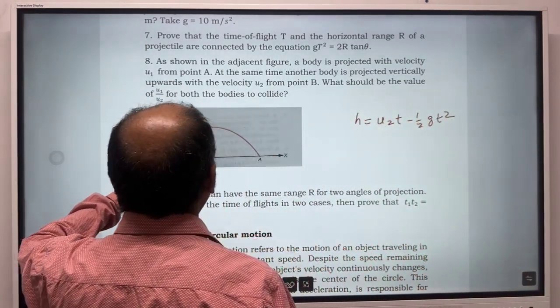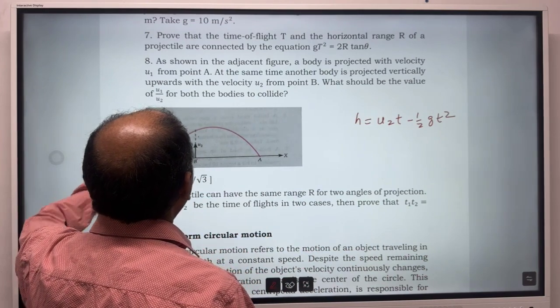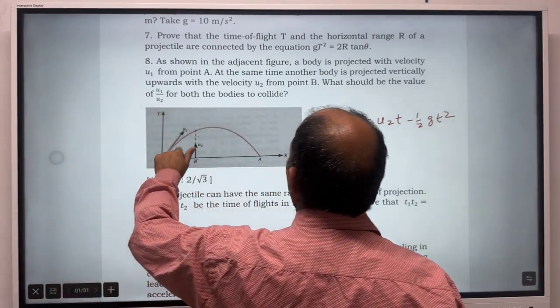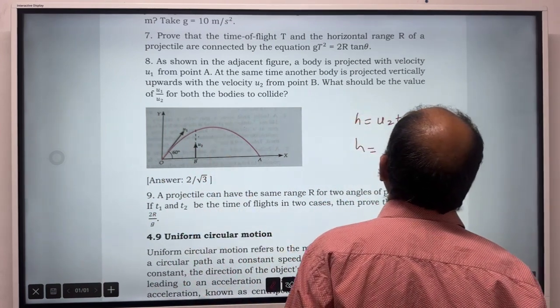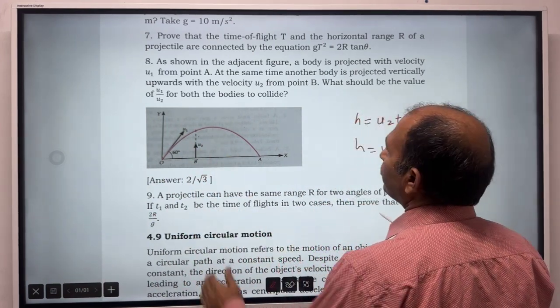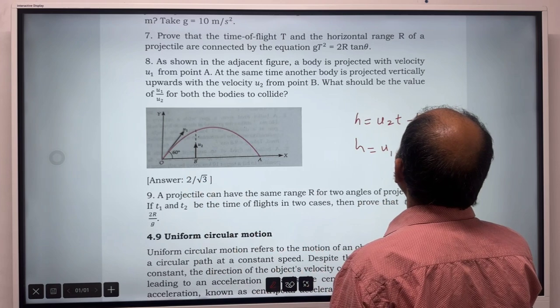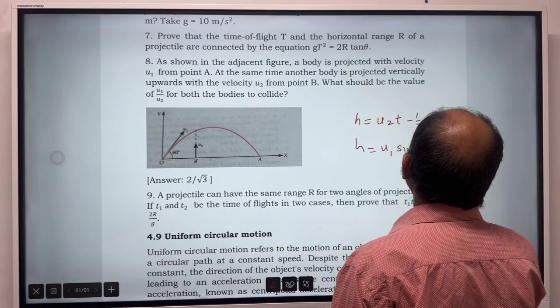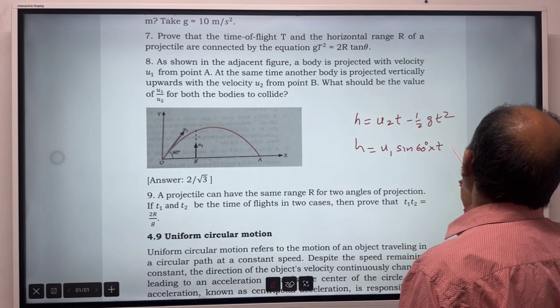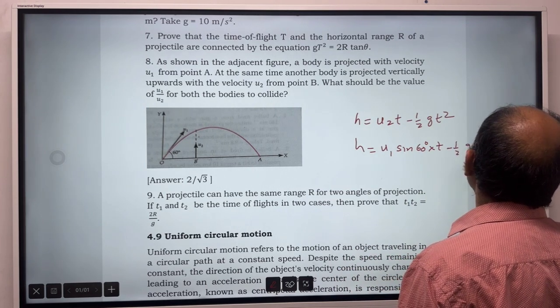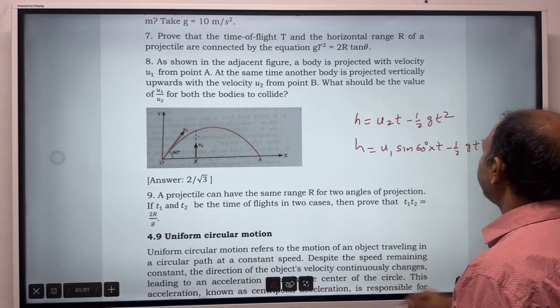And for the other body, which is moving at angle 60 degrees, whose velocity is u1, the height will be the same, only then they will meet. So you can say it will be u1 sine 60 degrees times t minus half g t square.